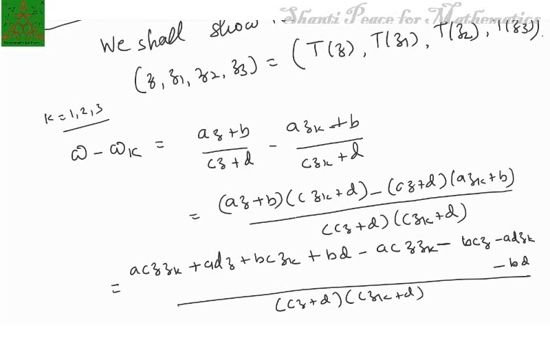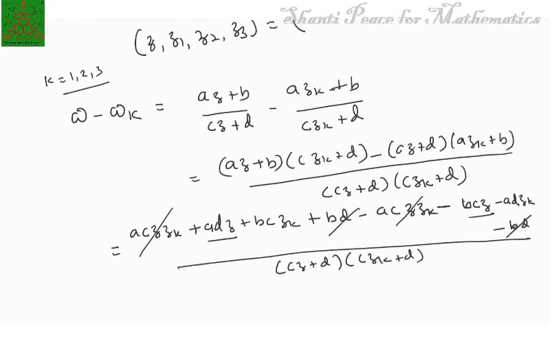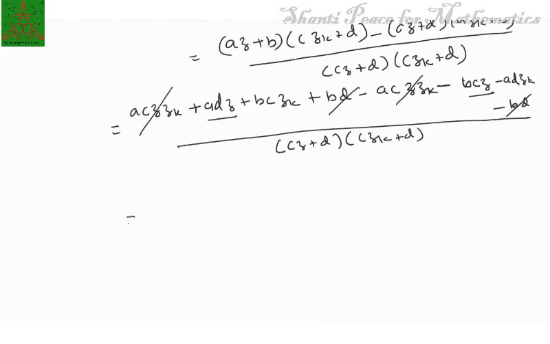Now what you have observed in this is that ACZZk is cancelled out, BD is cancelled out, and from the two remaining expressions you just take Z common. So it is (AD minus BC) Z, and the remaining term is Zk times (BC minus AD).